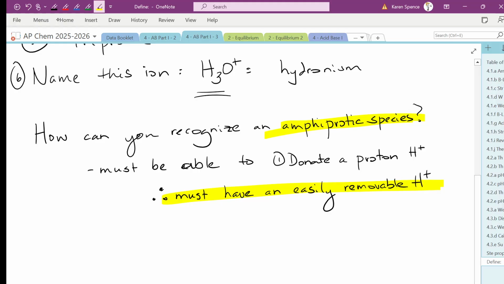Second thing, if it's going to accept a proton, it has to be able to accept a proton.